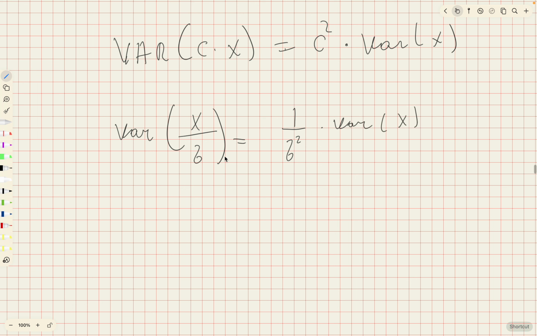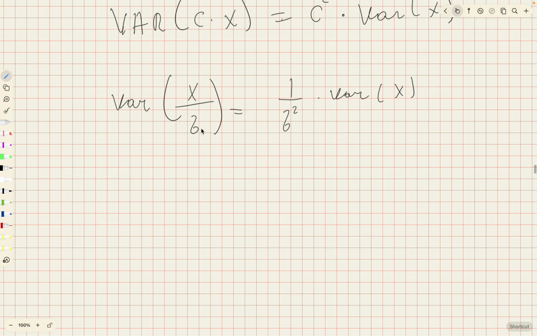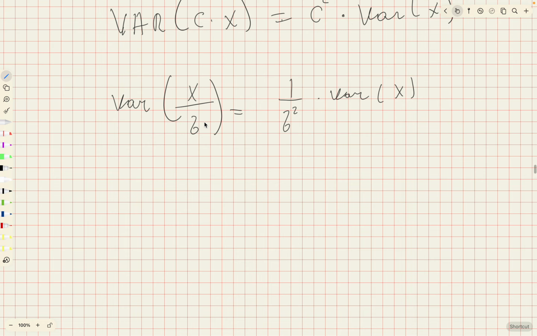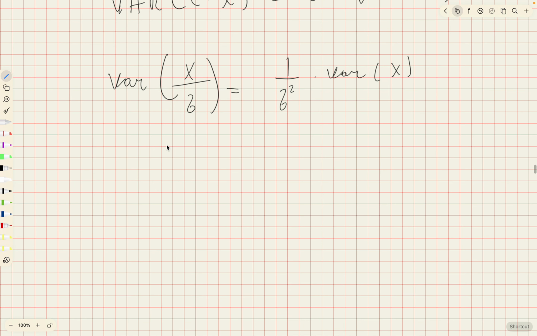Because this is basically 1 over standard deviation, and when it comes out, it's again 1 over standard deviation squared. And then when we take the standard deviation of this, we basically take the square root, right?